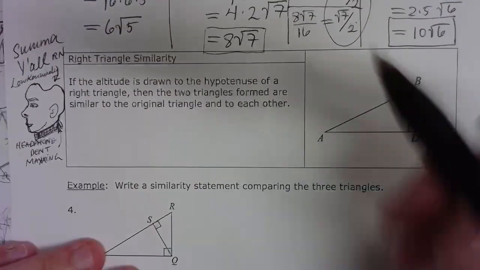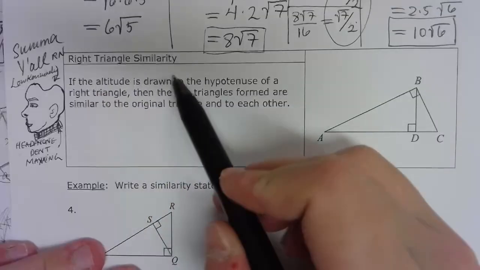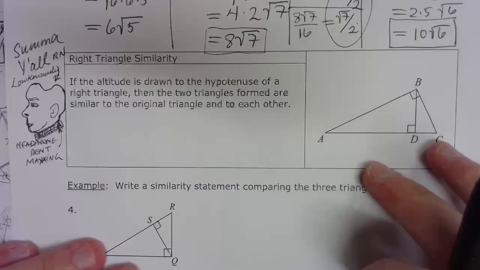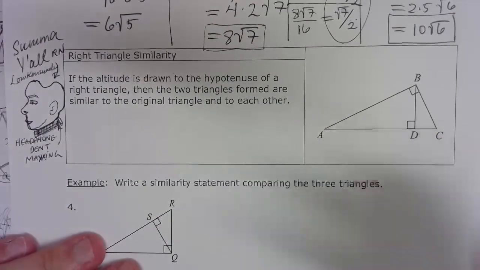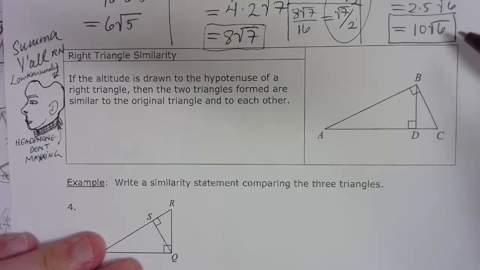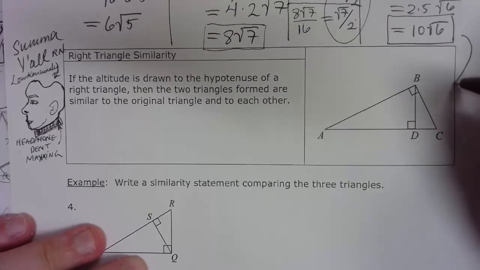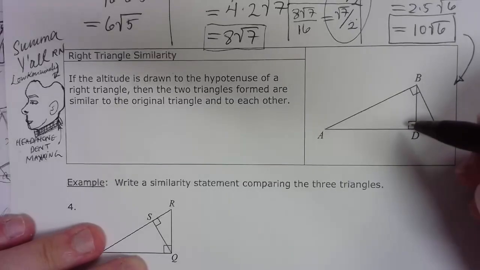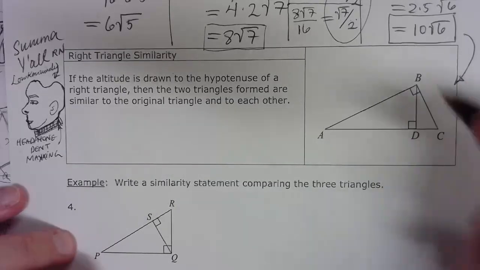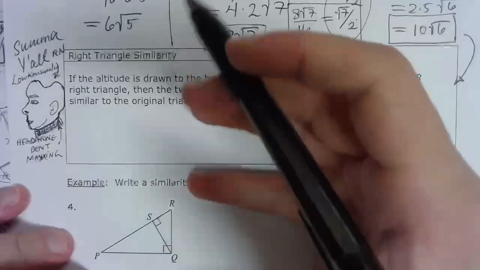So anyways, right triangle similarity is the crux of what we do in this unit. Now, the geometric mean, you'll have to know what it is and know how to calculate it. The geometric mean can be used to solve problems like this with the triangle, but you don't need to. You can use triangle similarity if you're more comfortable with that.